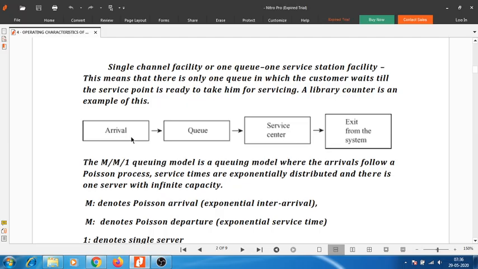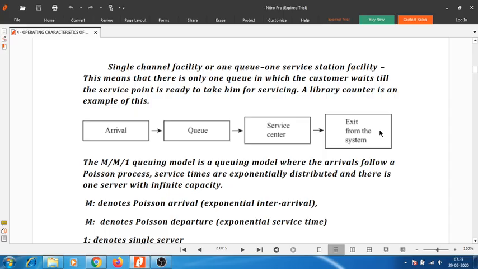Before going to service, some people wait for the required service, so there is a queue line. From the queue line the service station selects a customer singly. After the service he exits from the system.